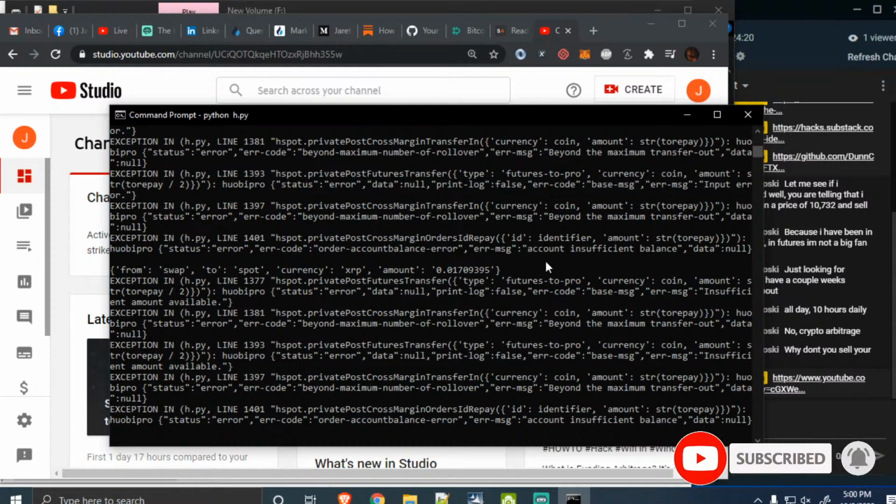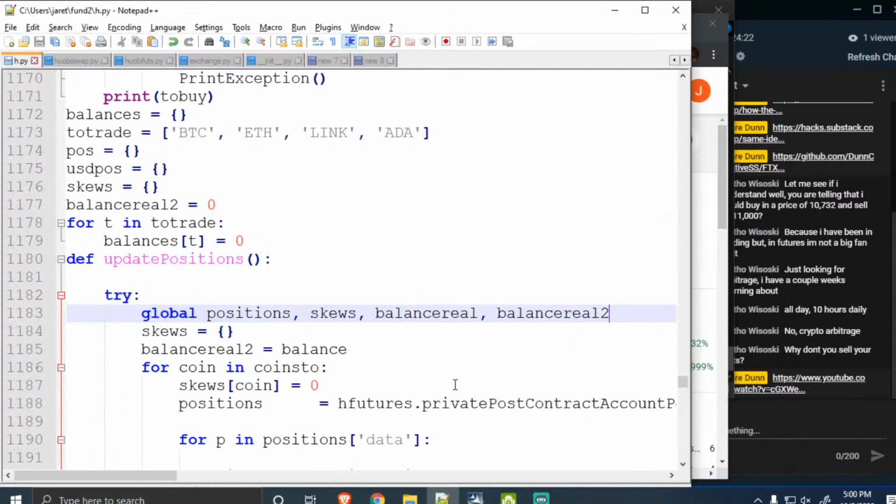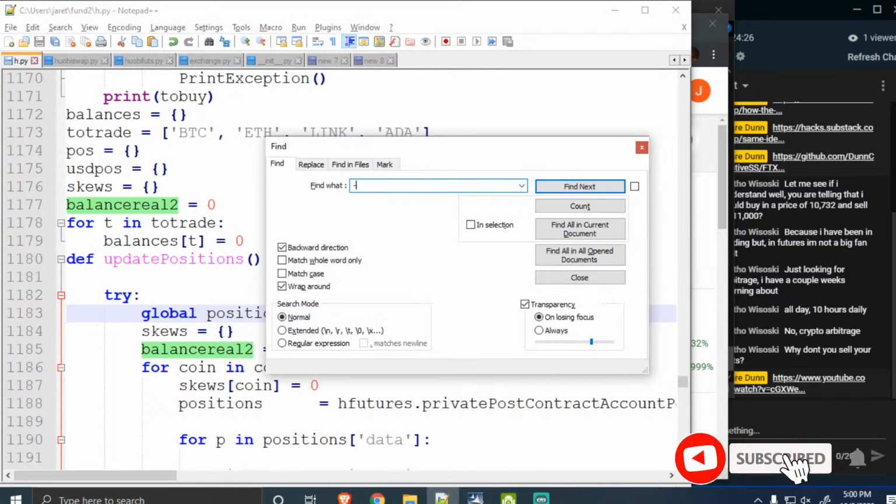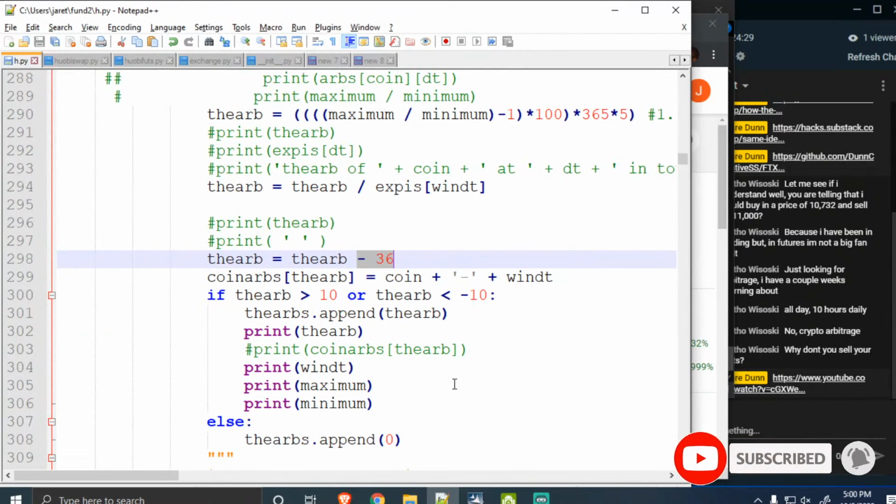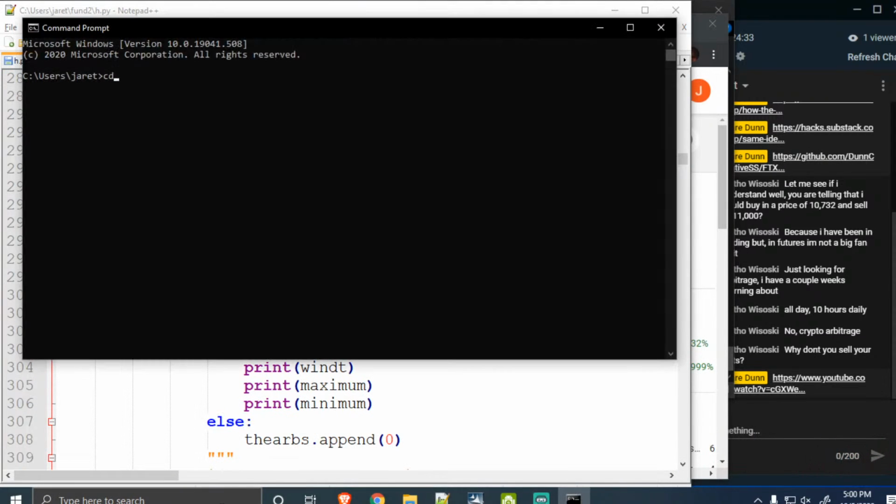And actually, there's a factor that I want to get at this before we start running. Minus 36. Minus 36. We don't need this anymore. Send this to the fund, stop.